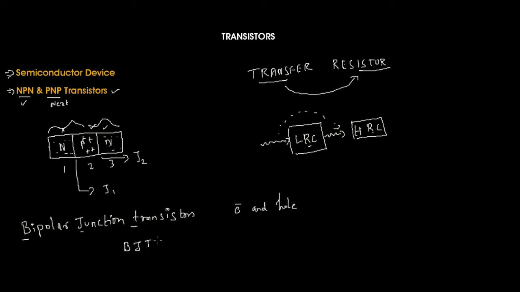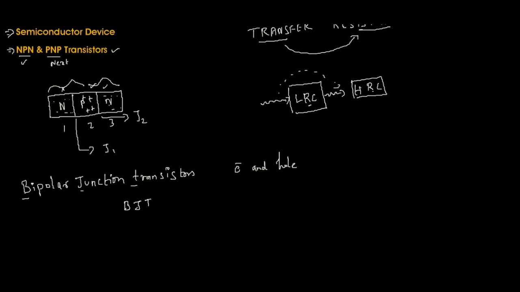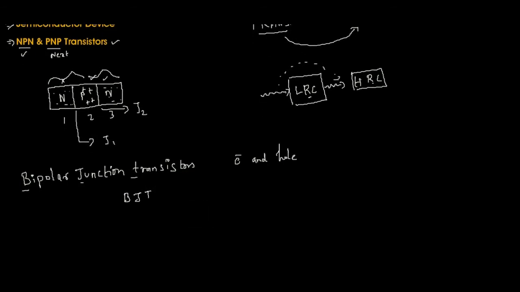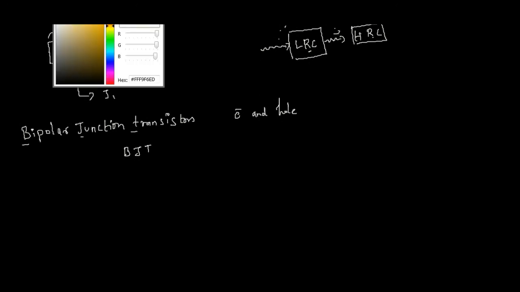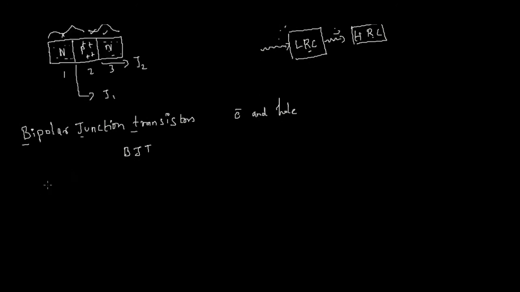So the BJT is a three layer, three terminal device, right? Please note down, these are the key points you should remember. The first layer is the emitter.